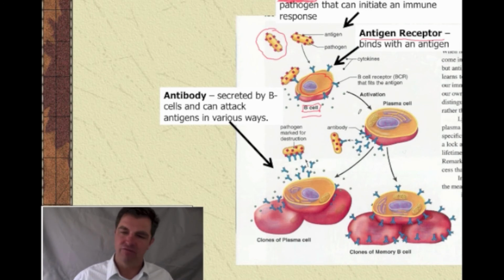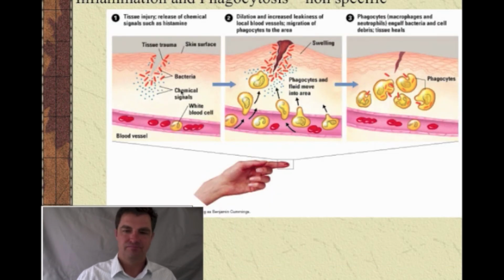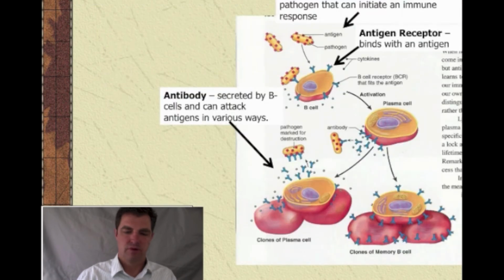And there's a variety of responses that can occur. One thing that can happen is your body can make antibodies to that. Antibodies are proteins that are secreted specifically by B cells that will attack an antigen. There's a variety of ways they can do that.